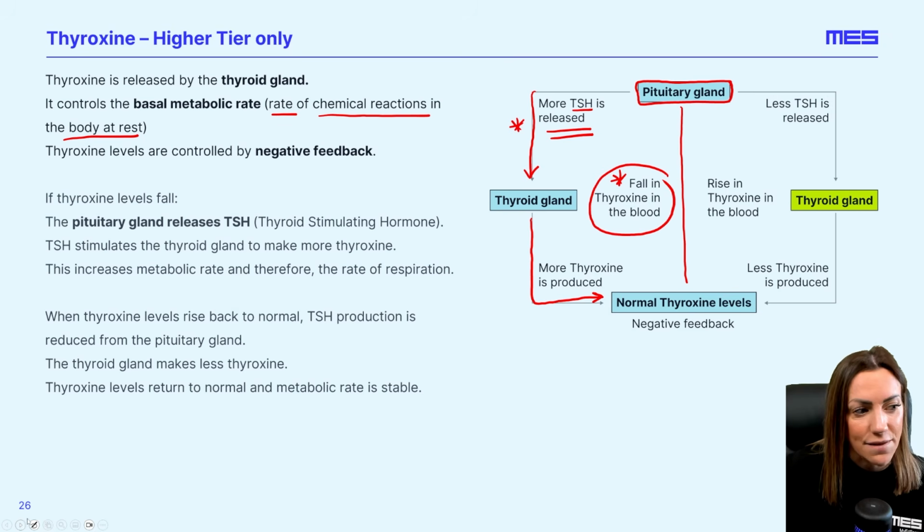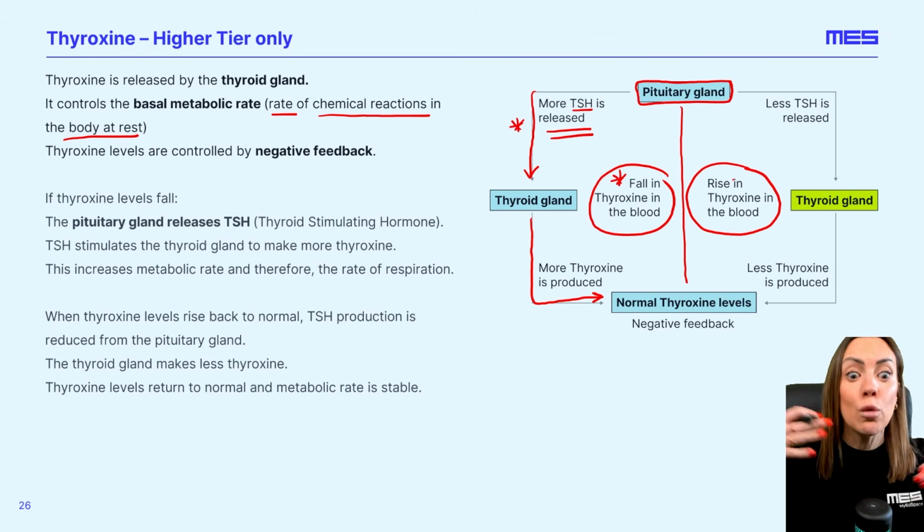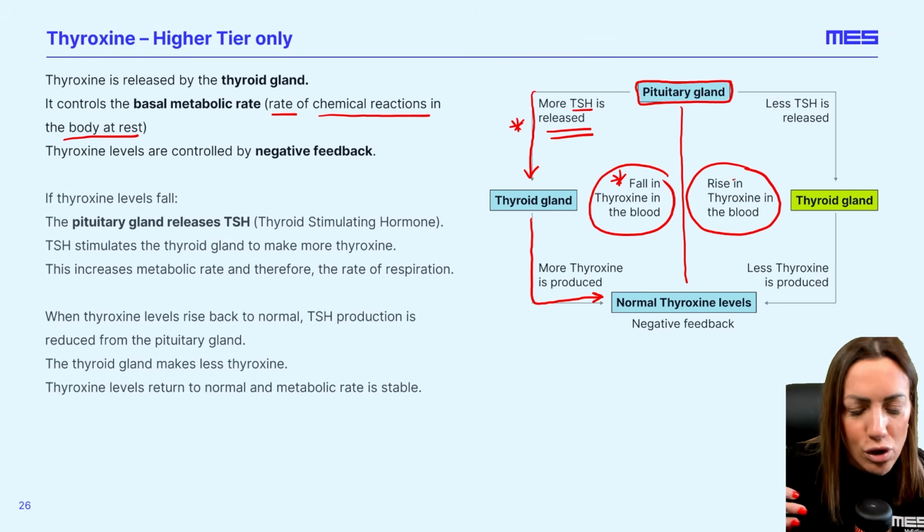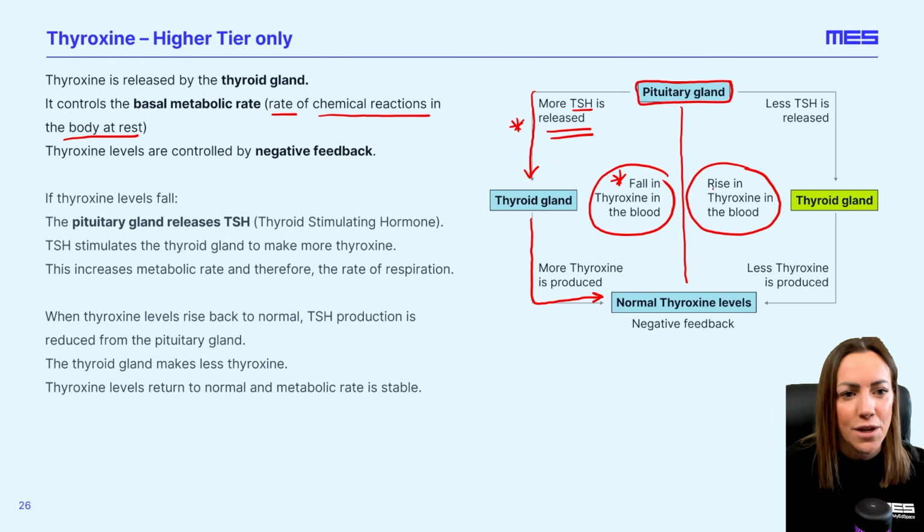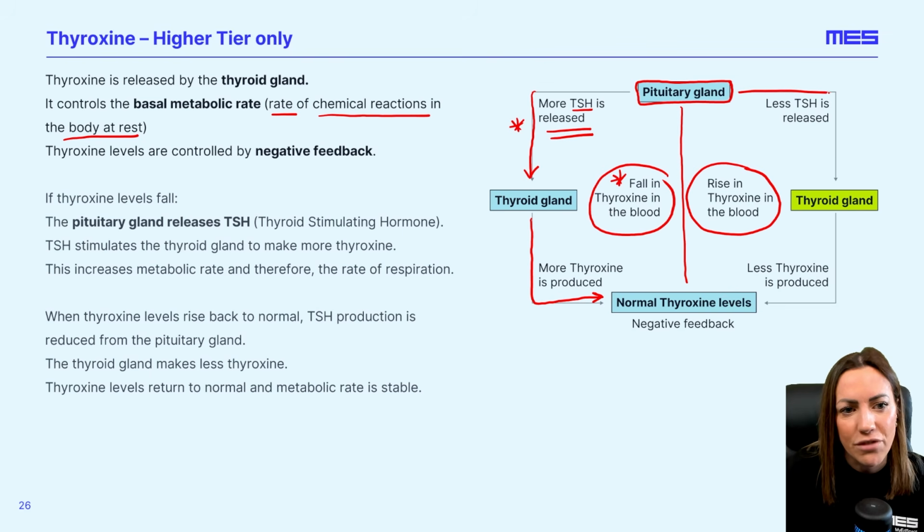Now, the other side of this. So if you have a rise in thyroxine levels, now this means levels of thyroxine are increasing, your metabolic rate is increasing too much, your rate of respiration and other chemical reactions is increasing too much, the pituitary gland would release less thyroid stimulating hormone.